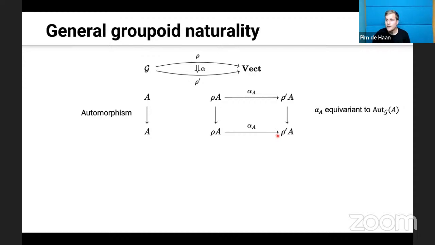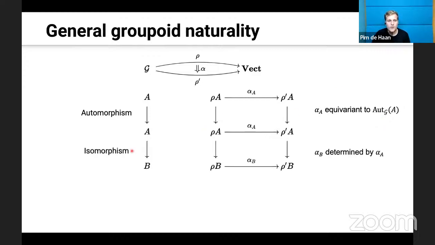Naturality requires that first applying the automorphism and then the A component gives the same result as first applying the A component and then the automorphism. So this is exactly an equivariance constraint. So you would get that this component A must be equivariant to the group of automorphisms of the object A.